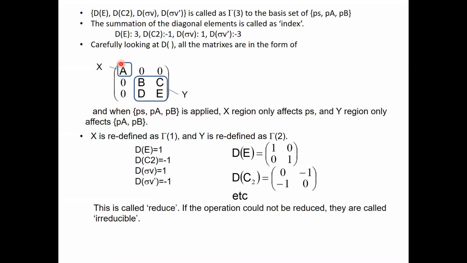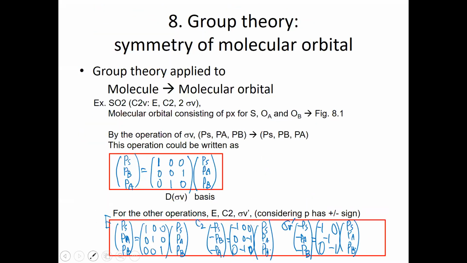So looking at the transformation matrix, this one is always 1. So only this region and this region are separated somehow, because these regions are always 0, meaning it's clearer that the PS is always expressed by PS, right? PS is changed to PS or minus PS. And then PA and PV are sometimes exchanged.